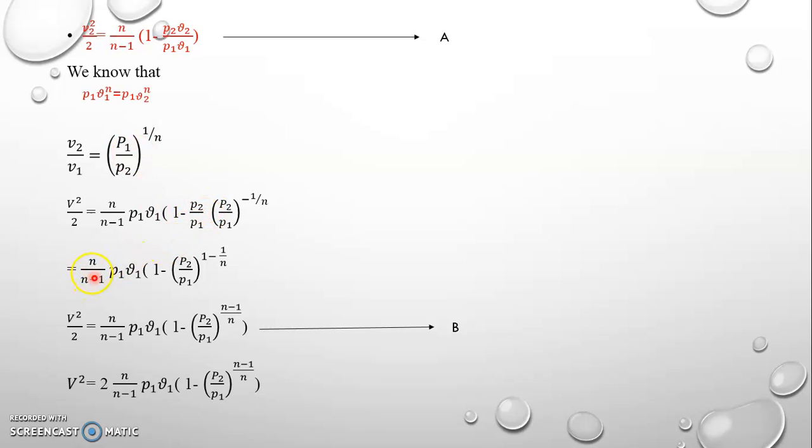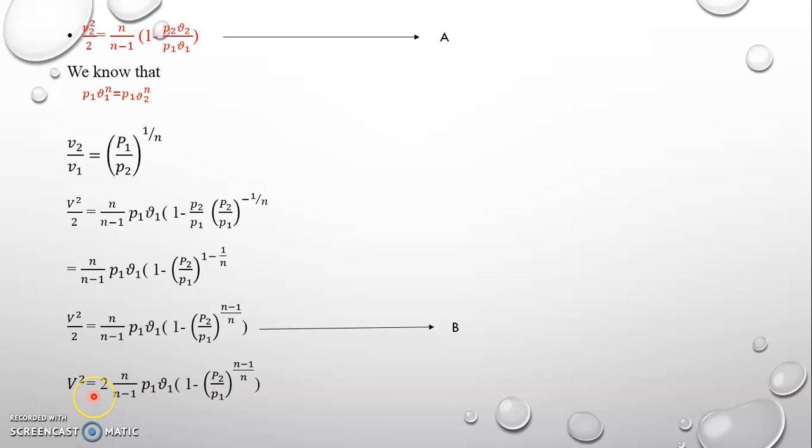Next, n upon n minus 1 P1 V1 (1 minus P2 by P1 power of 1 minus 1 by n). Finally, we get V2 squared by 2 is equal to n divided by n minus 1 P1 V1 (1 minus P2 by P1 power of n minus 1 by n).